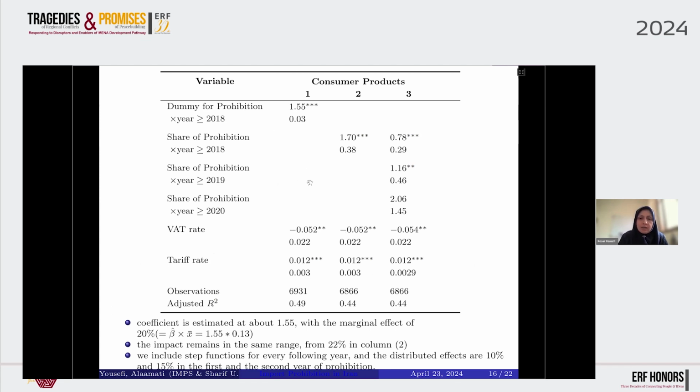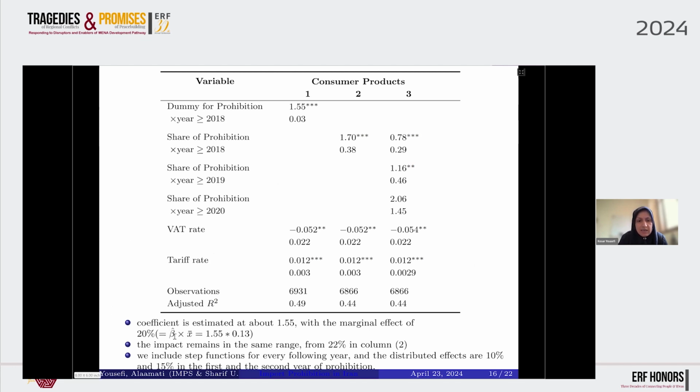In the first column, let's focus on the dummy for prohibition multiplied by years of prohibition. You can see the coefficient is very positive and significant. And because we have enforced an inverse hyperbolic sine transformation, this is not the marginal effect.